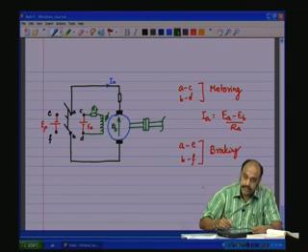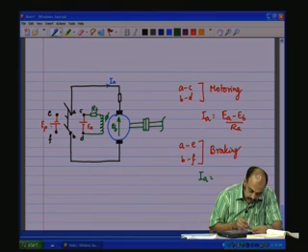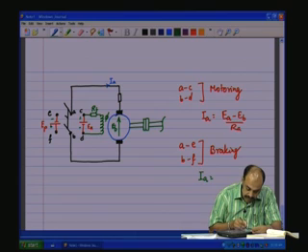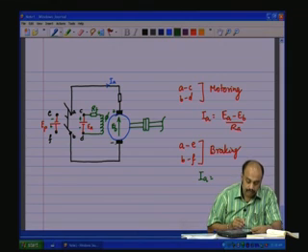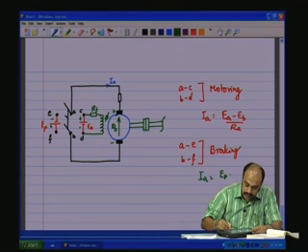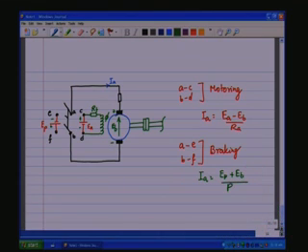Under these conditions, what is IA? You see the polarity here. We have applied a reverse polarity as compared to EA, so this would be in line with the generated back EMF polarity. So, IA would be EP plus EB by RA, and that is in the reverse direction.